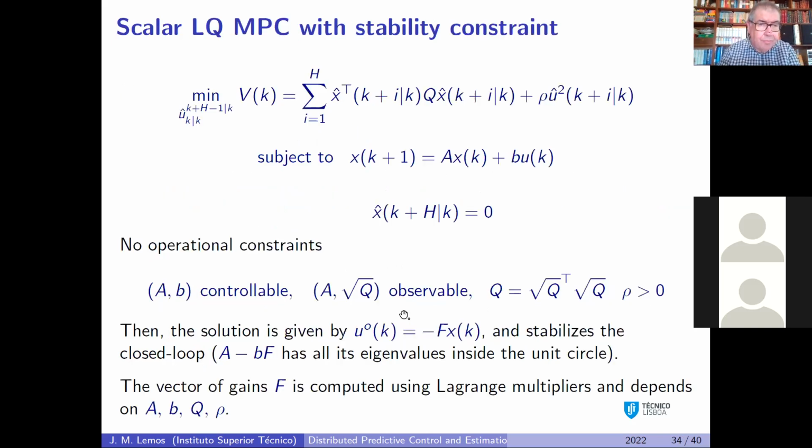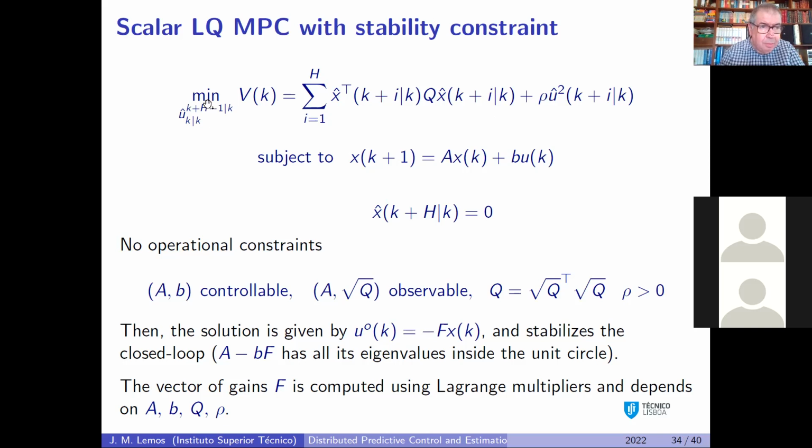Now let's use some of these concepts here. Suppose that I have an MPC problem in which my cost is quadratic. I'm assuming that U is scalar to simplify things. The penalty on the state is a quadratic function of the state.